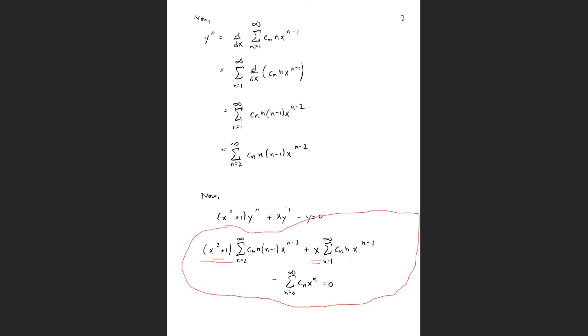Before we combine them, we want to distribute these functions, like the x squared plus 1 and the x, into the power series they are multiplying. So let me show you how we do that.